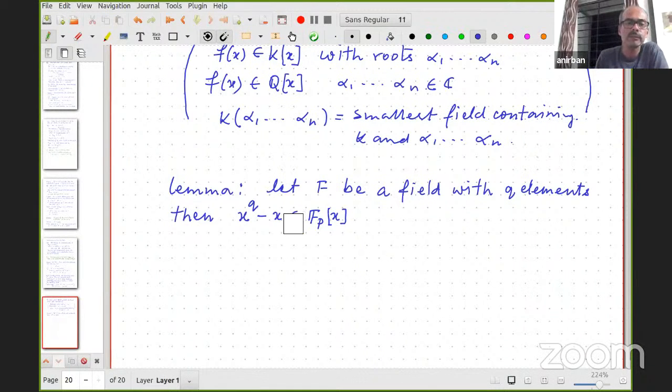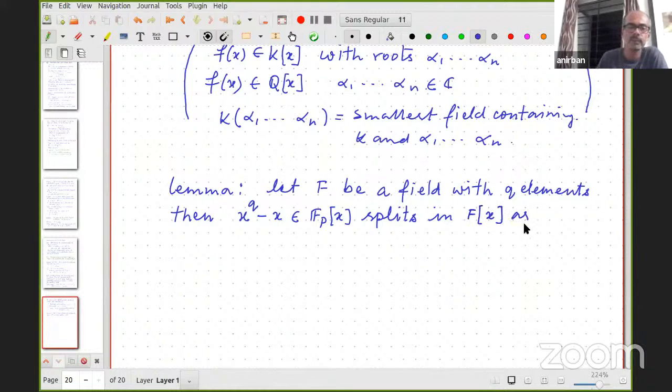So a polynomial in F_p[x], this splits in F[x], as x to the q minus x is the product of all alpha belonging to F_q of x minus alpha.